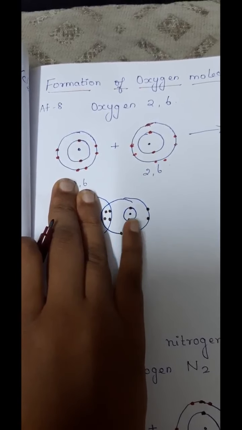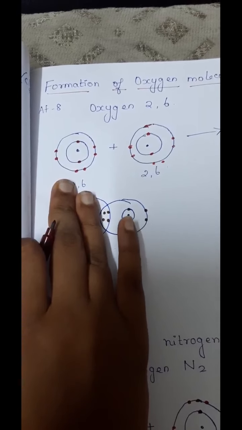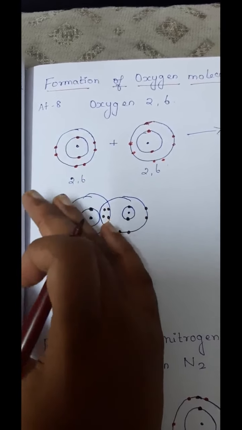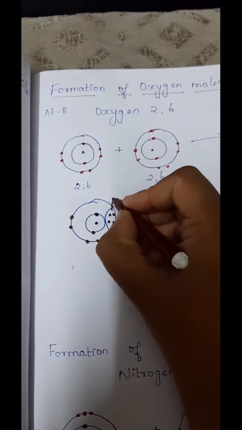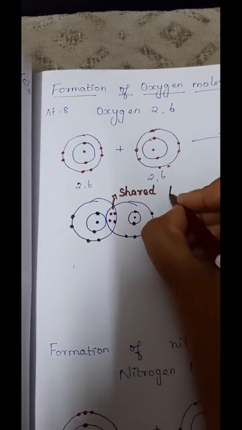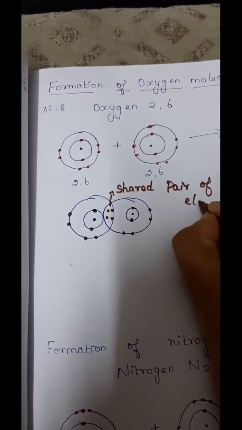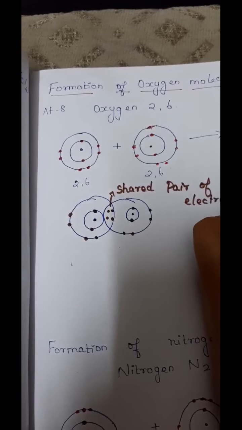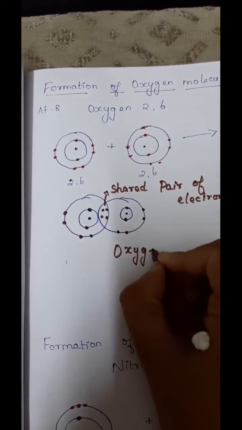So this is 2 electrons and this is 8 electrons. It shares the electrons to form the stable molecule. That is, these are the shared pair of electrons. And it forms what molecule? Oxygen molecule.